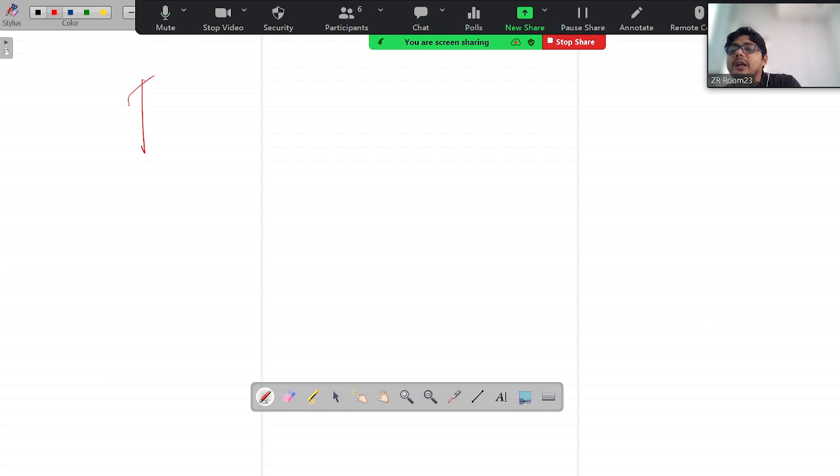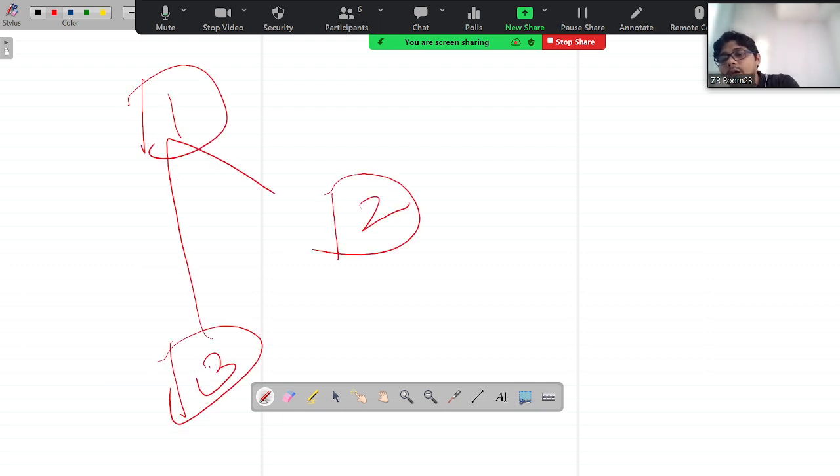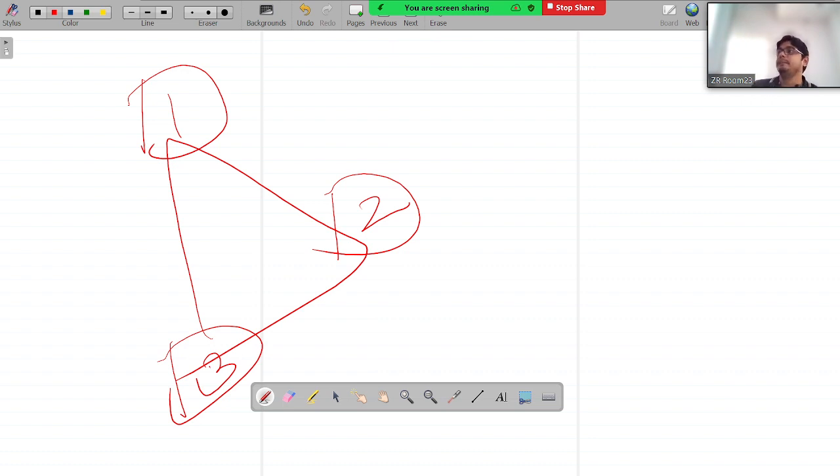Now I am just drawing a grid of 3 computers: 1, 2 and 3. All are connected. Computer 1 has 2 GB of storage. Why have I written it inside? Because it is local.